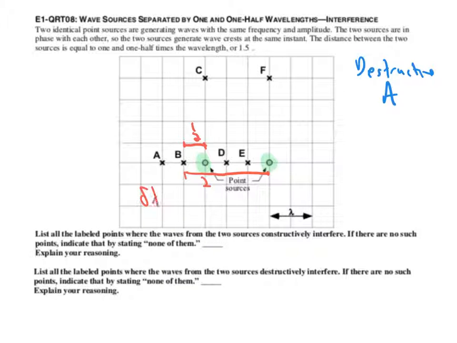So the difference in wavelength is 4/2 minus 1/2, or 3/2. Again, not an integer multiple, in fact the exact opposite of an integer multiple, so again, this will be destructive.